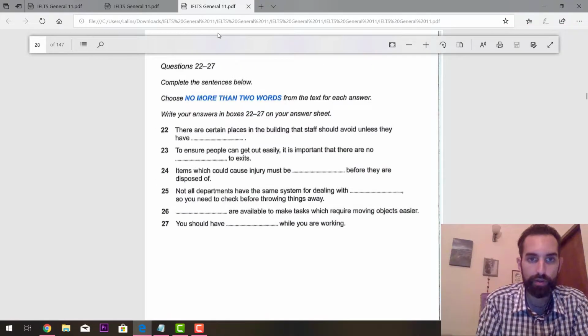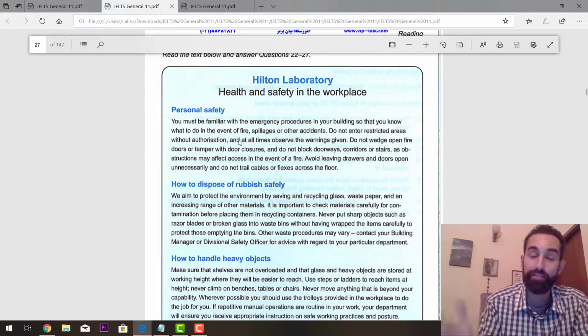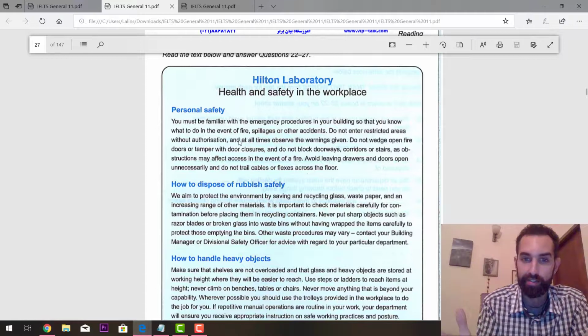And now the next question we'll be looking for is, to ensure people can get out easily, it is important that there are no blank to exits. Okay, so it's probably around fire exits and such, because that's a big safety concern about blocked fire exits. So let's have a look around.